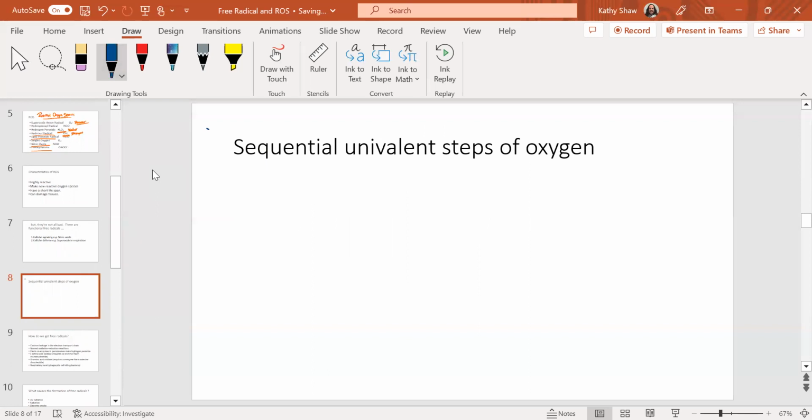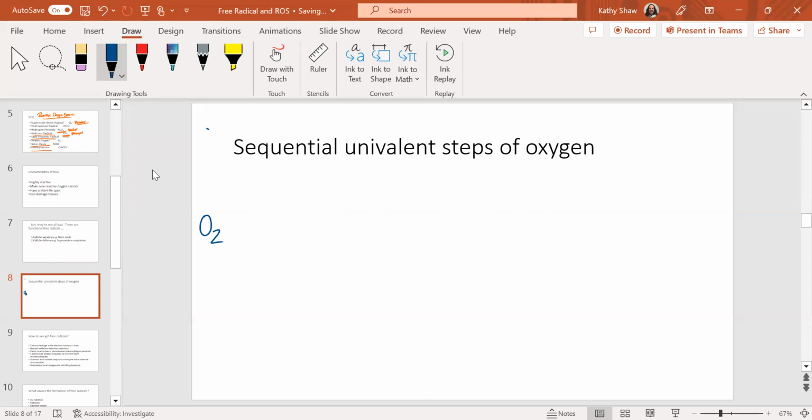We can start from oxygen and go ultimately to water, but these radicals, the reactive oxygen species, are in between. If we don't make the full trip to water, that's where we make them and have our problems with them. So we're going to start out with oxygen, the molecule that starts the whole sequence.